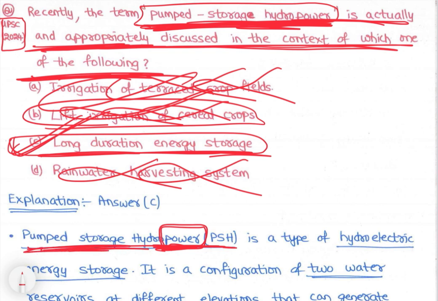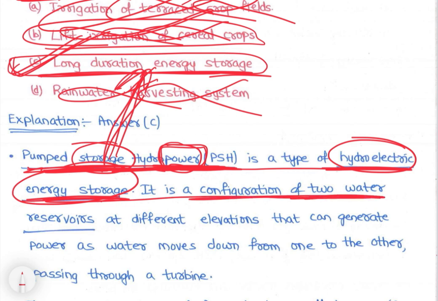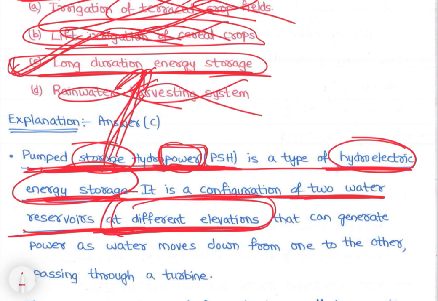So that is pumped storage hydropower, right? So from this we can say this is long duration energy storage. Even if we don't know anything, it is a type of hydroelectricity energy storage. It is a configuration of two water reservoirs at different elevations. They should be at different elevations so that there is flow of water.